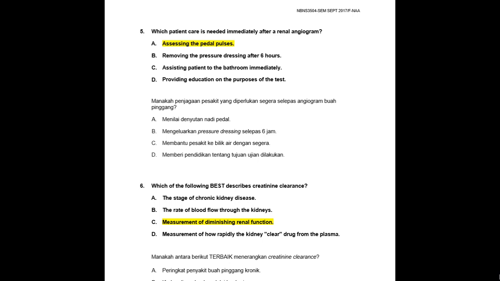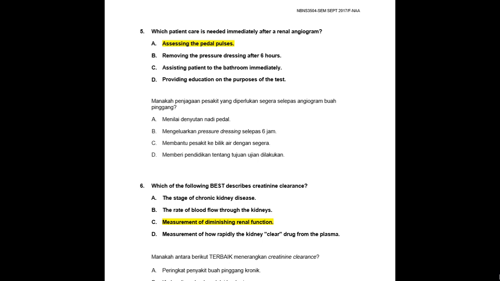So what's the answer for the fifth question? Answer A is assessing the pedal pulses. Answer B, removing the pressure dressing after 6 hours. Answer C, assisting patient to the bathroom immediately. Answer D is providing education on the purposes of the test.